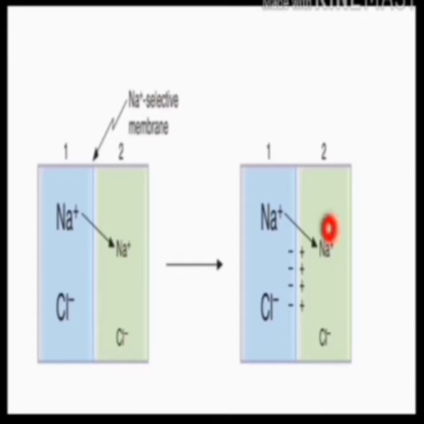In the next figure, we see the movement of sodium from high concentration towards low concentration. Solution 1 loses its positive charge, that's why it increases its negativity, and solution 2 gains positive charge, that's why its net positive charge increases. So the potential generated during the movement of sodium ion down its concentration gradient is known as sodium diffusion potential.